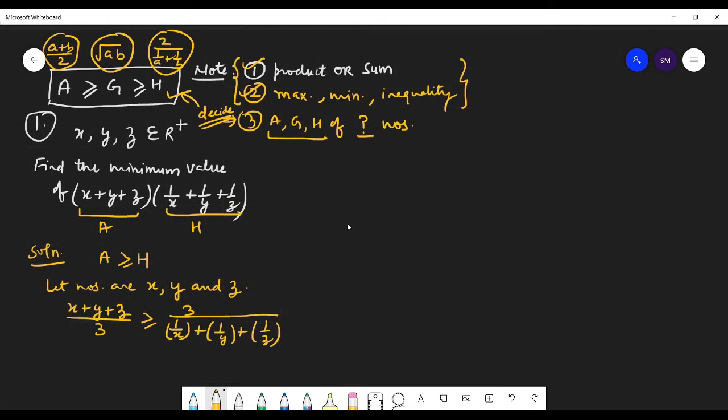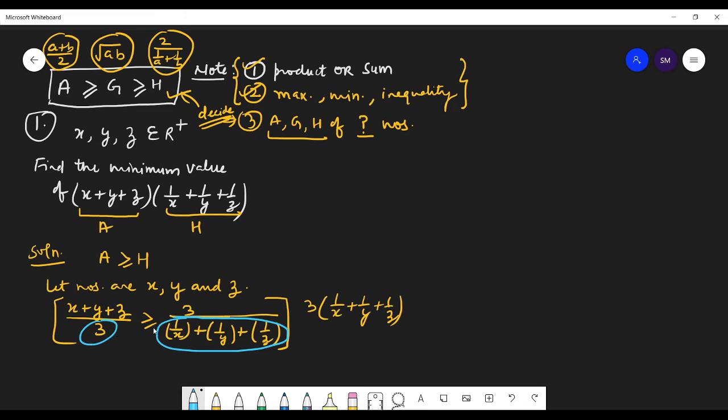Now students, it's so simple. You have to remove this 3, so multiply both sides with 3, and along with that you are also multiplying both sides with 1 by x plus 1 by y plus 1 by z. So students, always take the LCM of the denominators and multiply both sides with them, then the denominator will be removed. So what do you get?